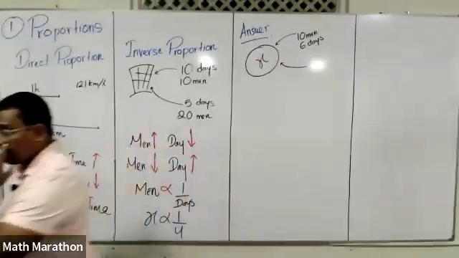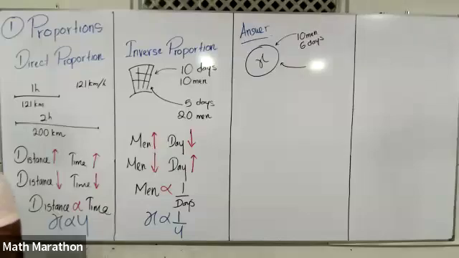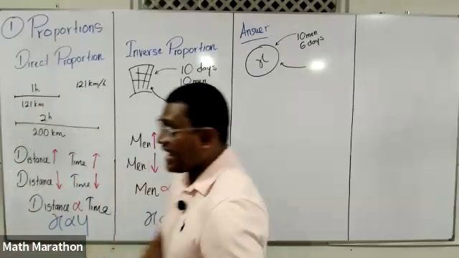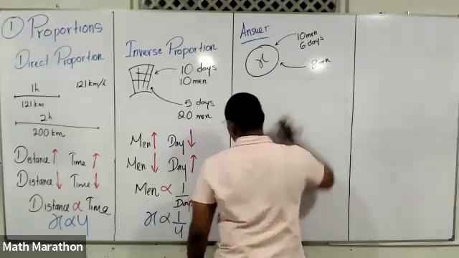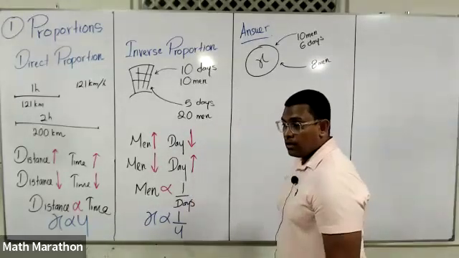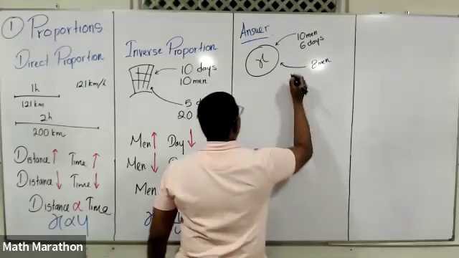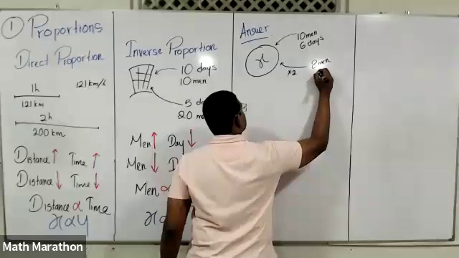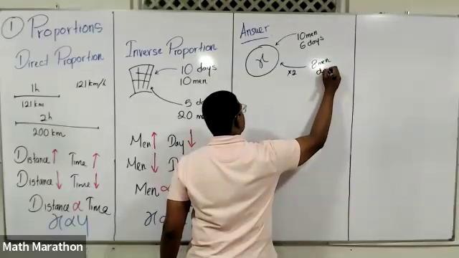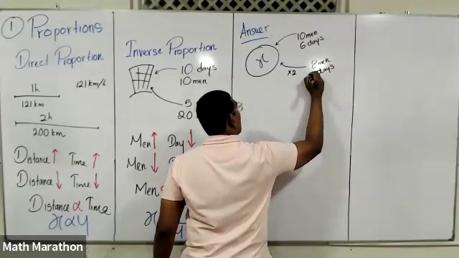Then what are they saying? Find the number of days it will take 8 men to complete the job which is double, multiplied by 2. I'll keep the days as Y days.